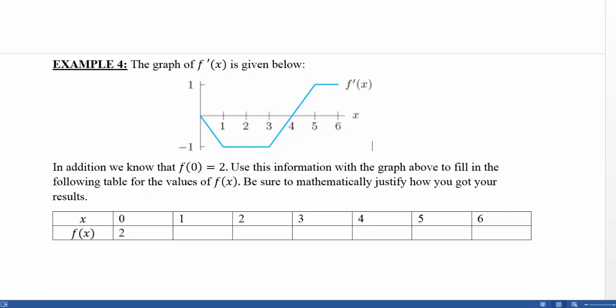And that's really powerful. So the key to this whole thing is that we know a value on the original function. We know the starting value, f of 0 equals 2. So we can use that paired with this picture to now find the values of the original function at every point from 0 to 6.